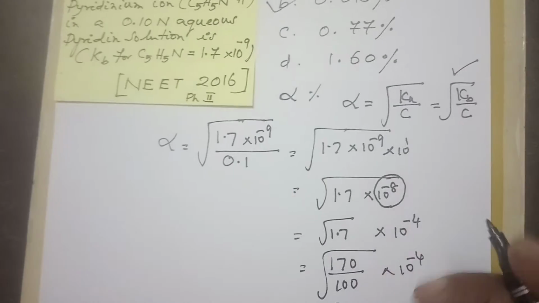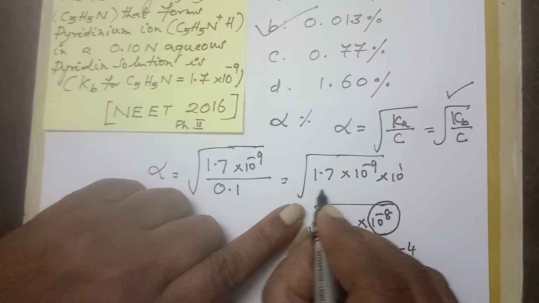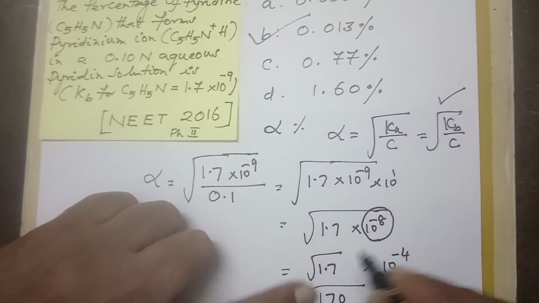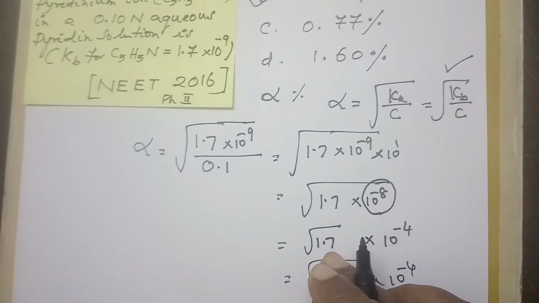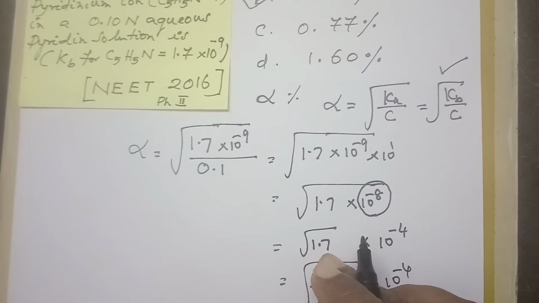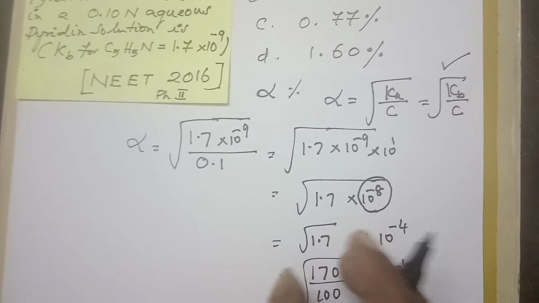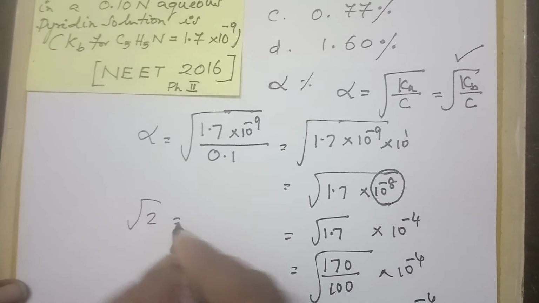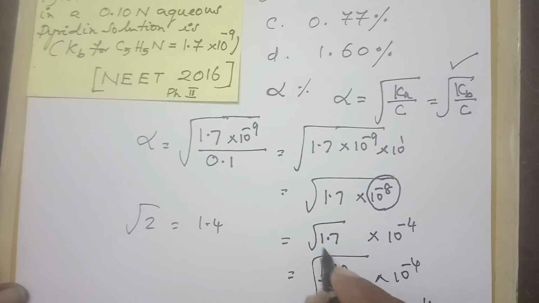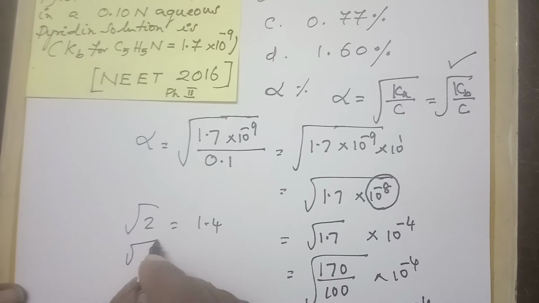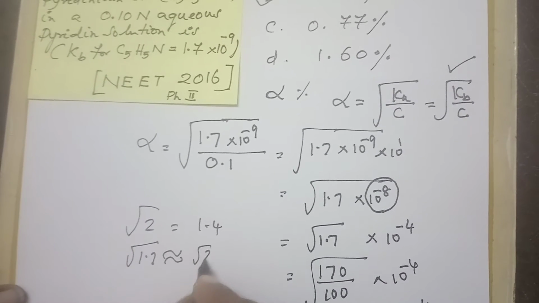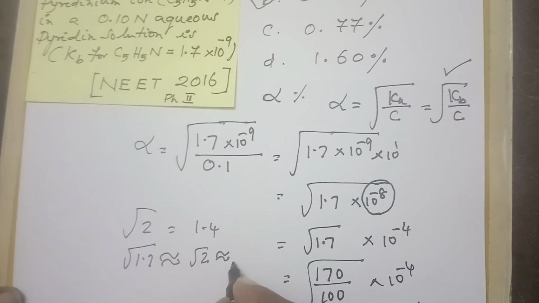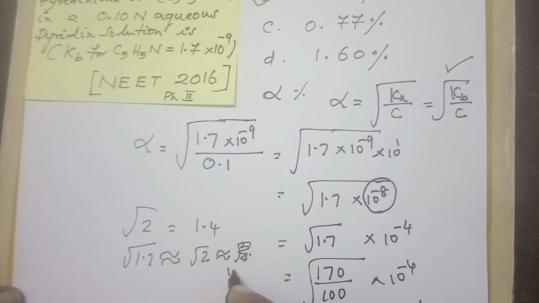Or one more tricky method we can do. After getting 1.7, you can use root 2 equal to 1.4. The square root of 1.7 is approximately equal to root 2, so our answer is approximately 1.4.